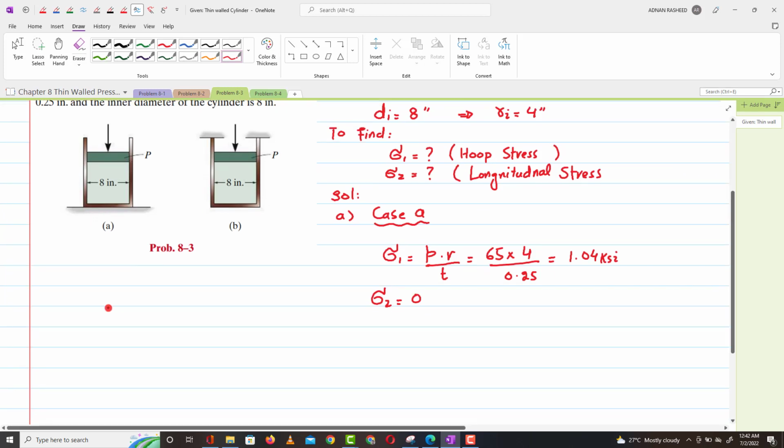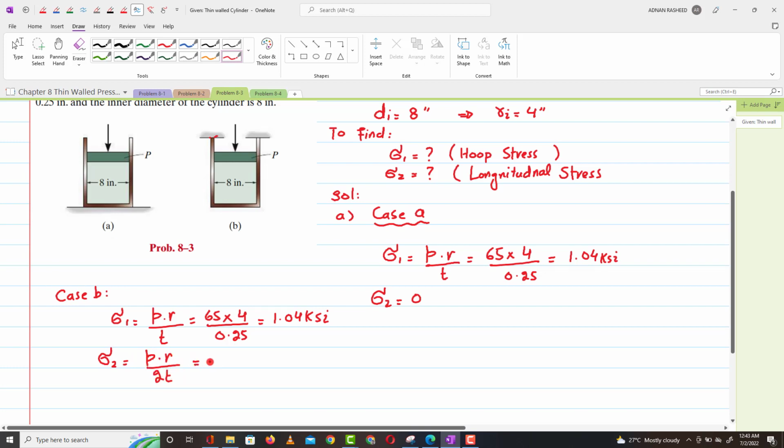Now for case B, same, sigma 1 is equal to P into R divided by T, and P is equal to 65 psi. Inner radius is 4 divided by thickness 0.25, that is again equal to 1.04 ksi. But you can see the ends of this cylinder are supported at these two positions, and here longitudinal stress will be equal to P into R divided by 2T.